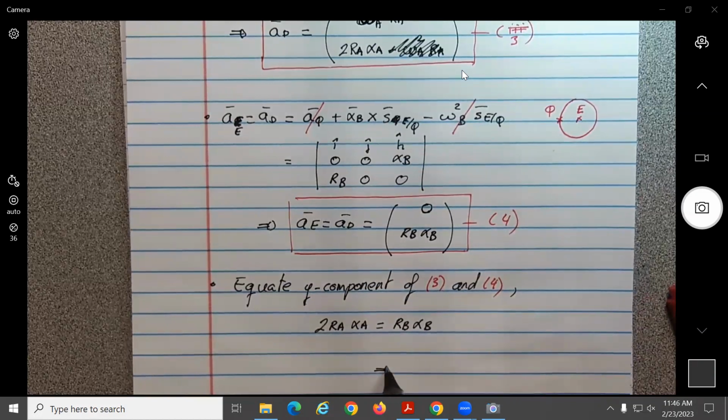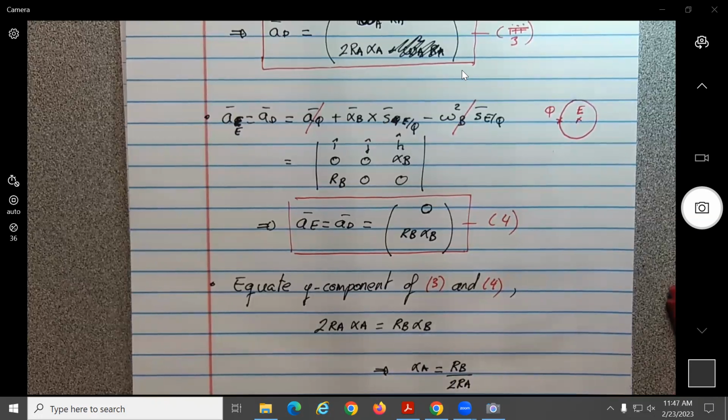We could rewrite over here alpha A equal to R sub B over 2R sub A alpha B.